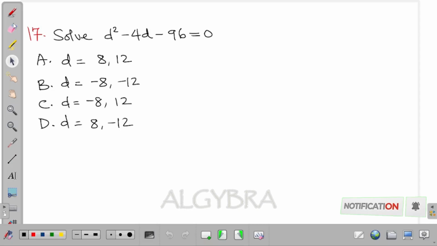So let's solve this particular question. Here we can see that the problem we are given is a quadratic equation, right? We have d squared minus 4d minus 96 equals 0.